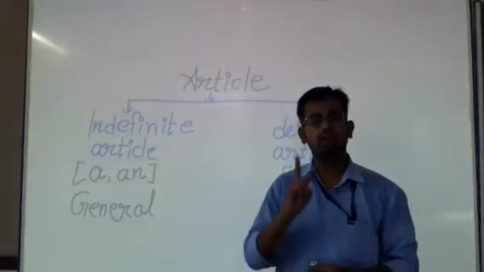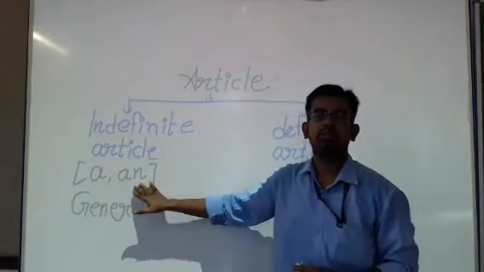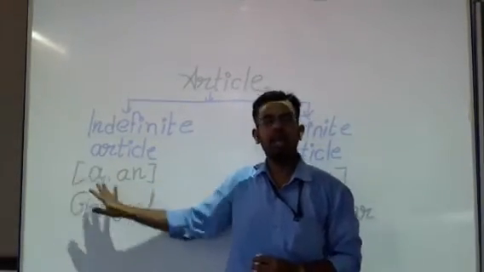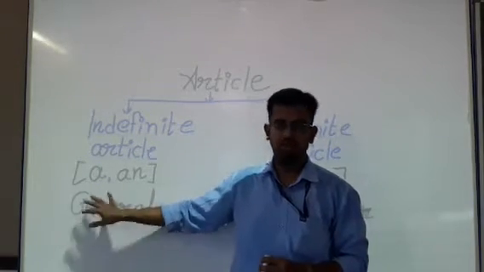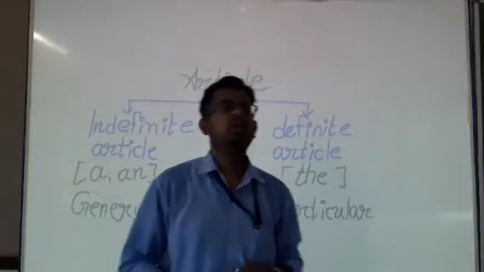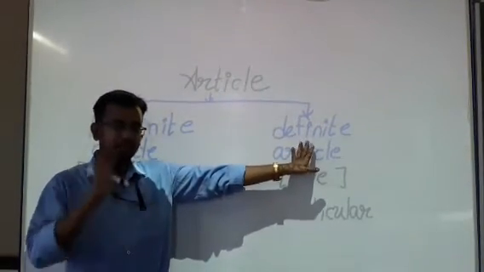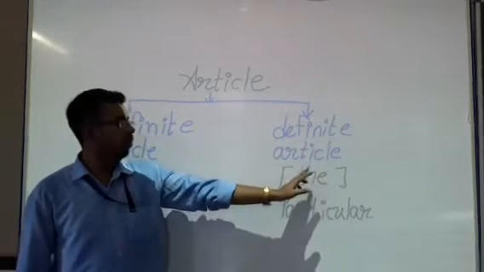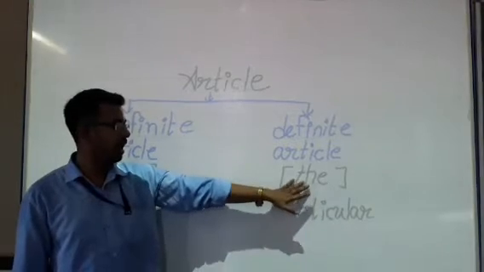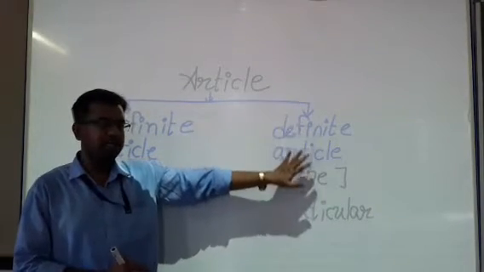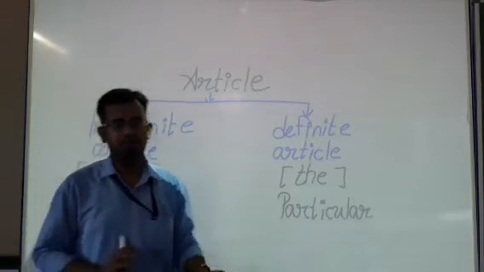There are two indefinite articles, a and an, and both are used for something which is general. The second article is definite article. Definite मतलब clear है ना. Only the word the is a definite article, and the definite article the is used when something is particular.